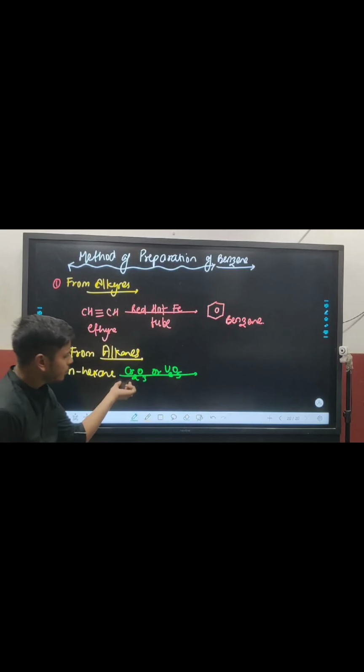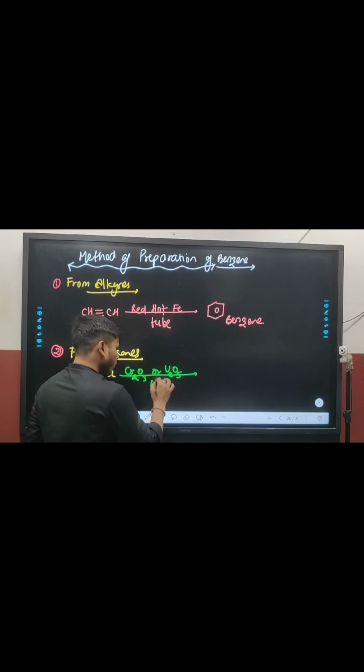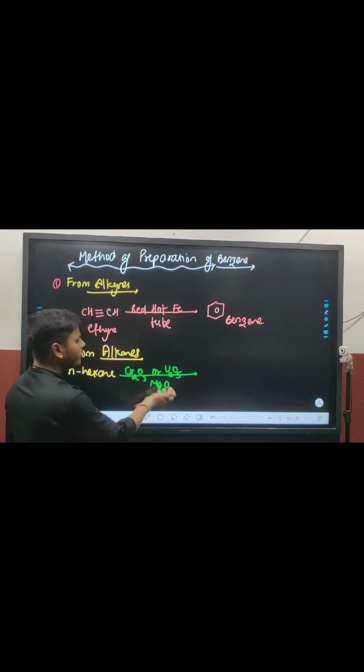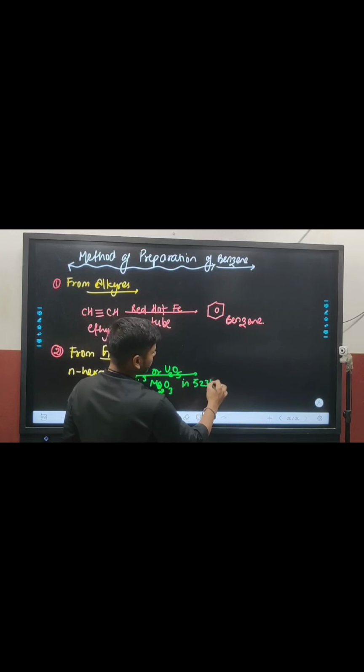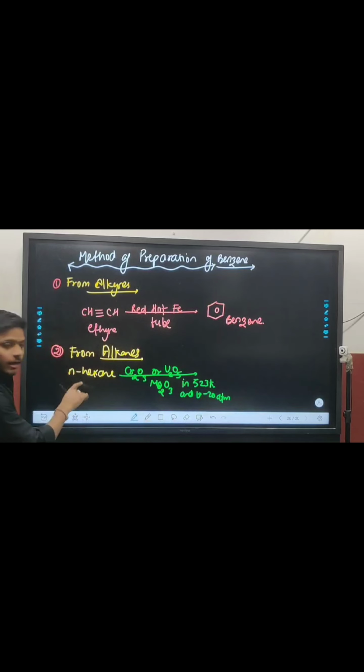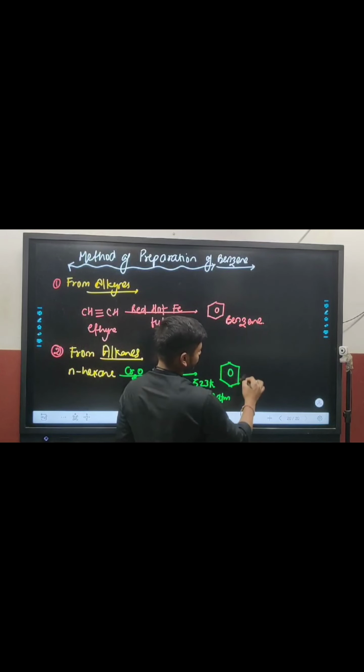You can use Cr2O3, V2O5, or Mo2O3, which is molybdenum oxide, at 773 Kelvin temperature and 10 to 20 atm pressure. That will lead to the formation of benzene.